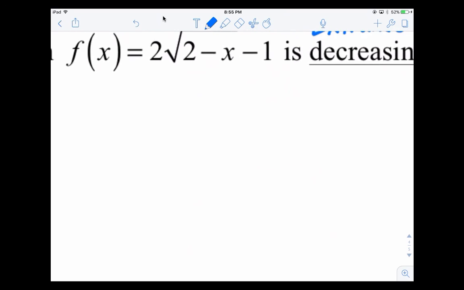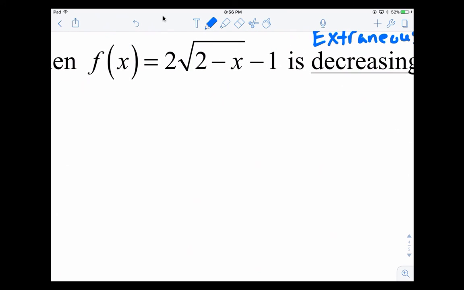The last one. You have f of x equals 2 times the square root of 2 minus x, minus 1. Where is it decreasing? Again, I would graph this to figure out exactly what it looks like.